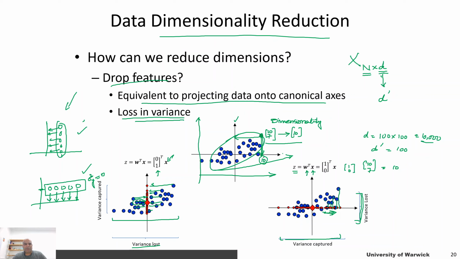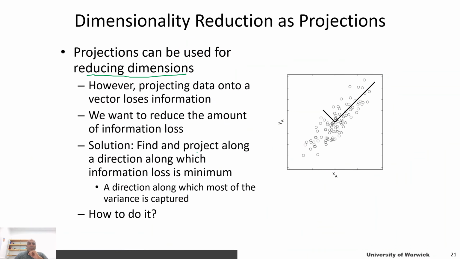There's going to be some information loss, but is that information loss going to be larger or smaller in comparison to when I was projecting along this axis or this axis? That is the thing that we would be doing. We would be trying to find those directions so that if I project my data along those directions, the amount of information loss is minimized. And if you think about this problem intuitively, then it becomes really easy.